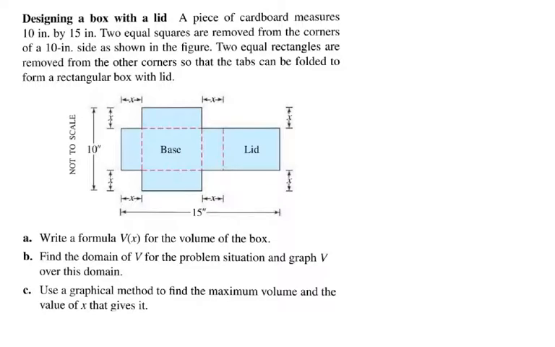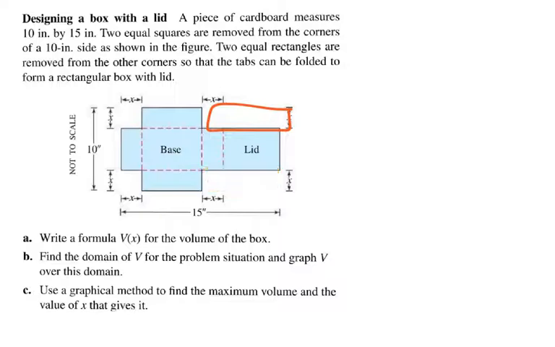So here we have a problem. We're going to design a box with a lid. We have a piece of cardboard measuring 10 by 15 inches, and we need to create the box with the lid out of that piece of cardboard. Two equal squares are removed from these two corners, so we're talking about squares in that region, of a 10-inch side as shown in the figure, and then two equal rectangles are removed from the other two corners.